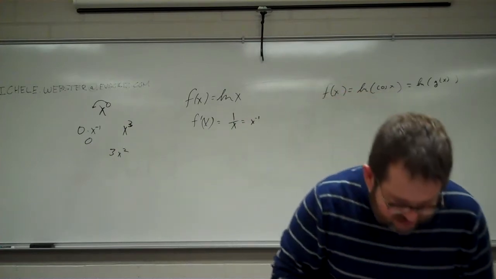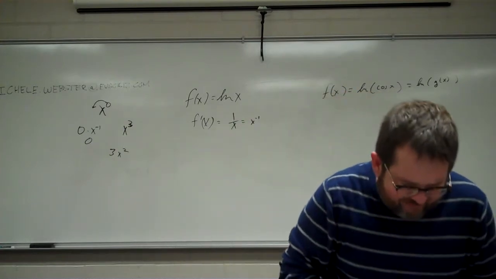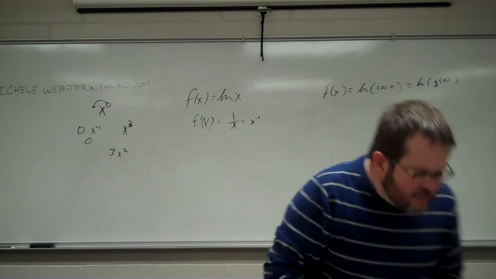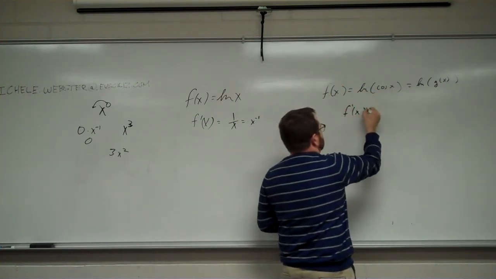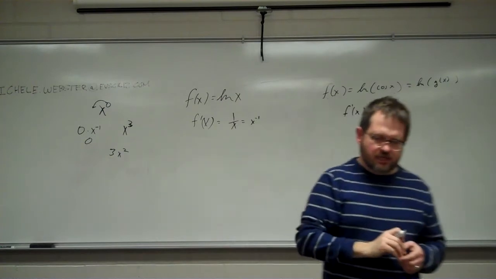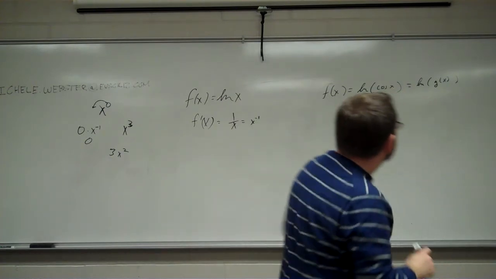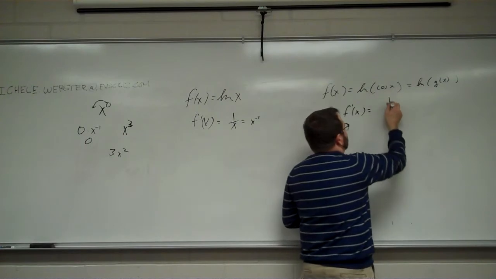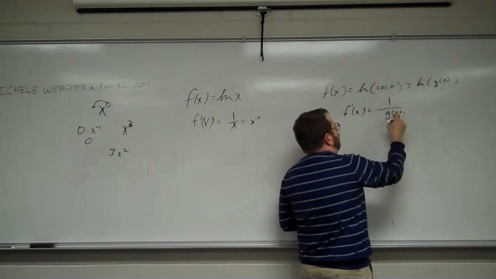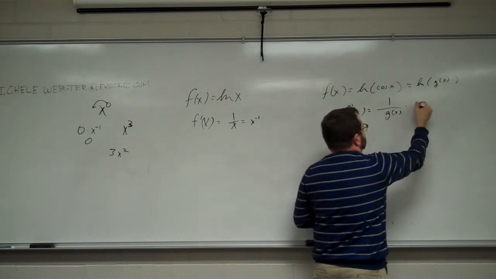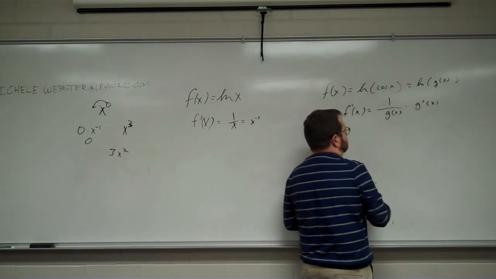And again, in a bright blue box on page, I guess it's 325, you would see that the derivative of something like this is, again, just the chain rule, but it can be a little hard to see how it works. So 1 over g of x times the derivative of g of x.